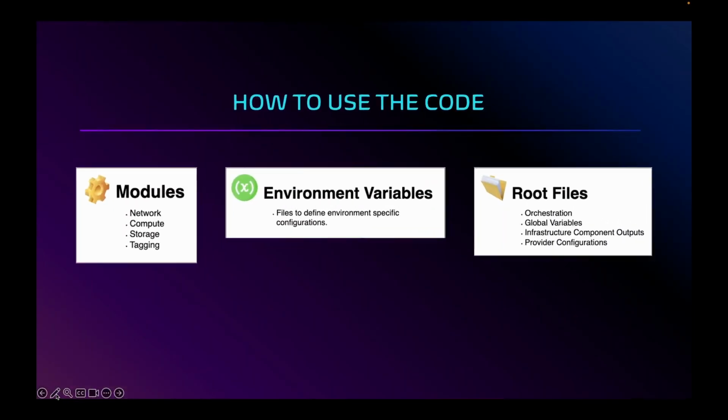Now let's take a step back and look at how everything fits together at the repository level. A well-structured Terraform repository isn't just about separating resources. It's about maintainability, scalability, and clarity. Here's how the key components of this repo work together to achieve that. First, we have our modules, the core building blocks of our infrastructure, each handling a specific function. Next is the environment variables.